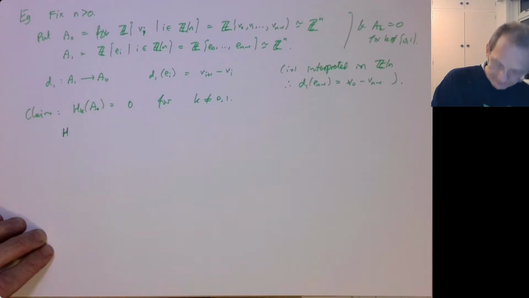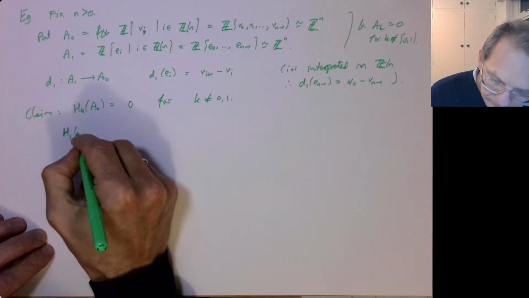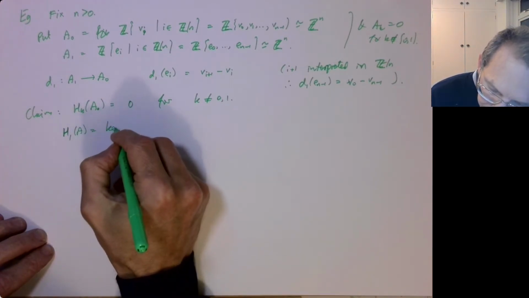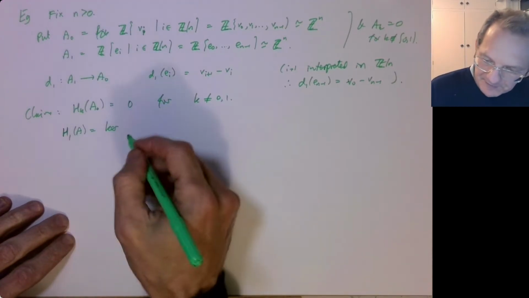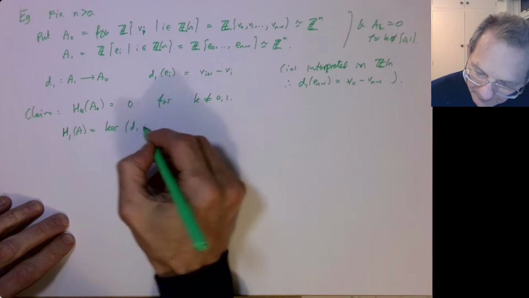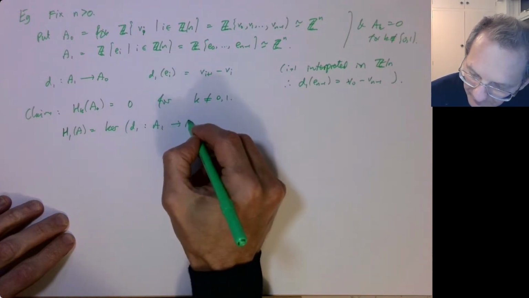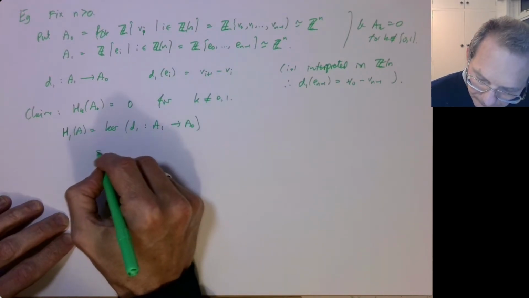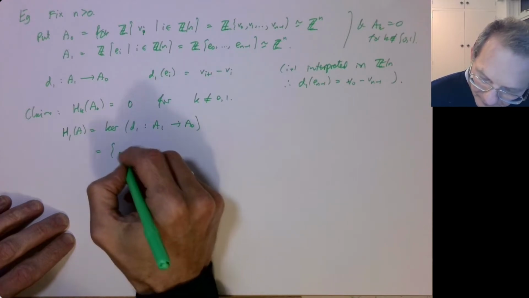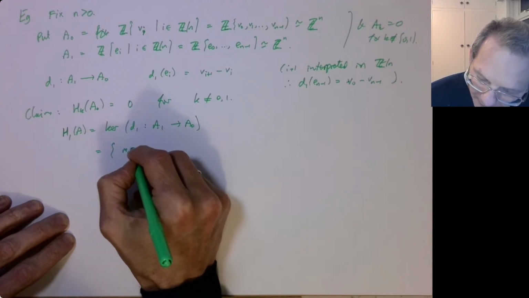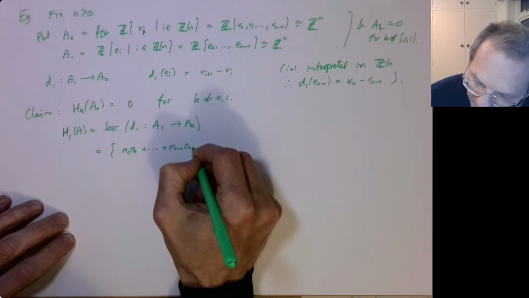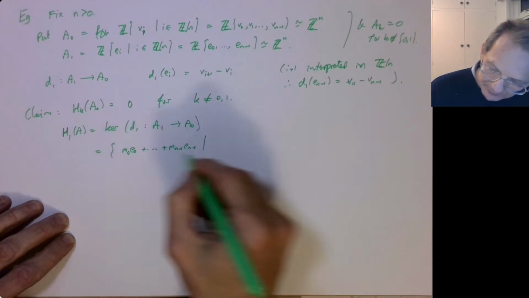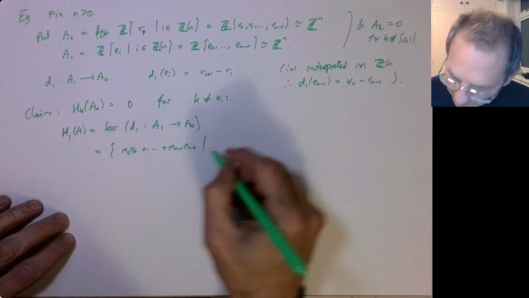So what about H1? Well, that's the kernel of this D1 from A1 to A0. So that's the set of things m_0 E_0 plus up to m_{n-1} E_{n-1}, such that D1 of it is 0. And so what's D1 of that?